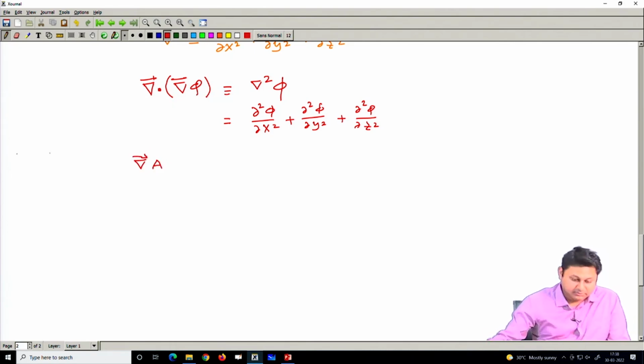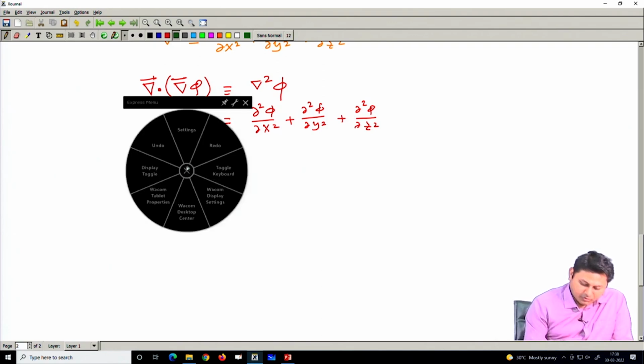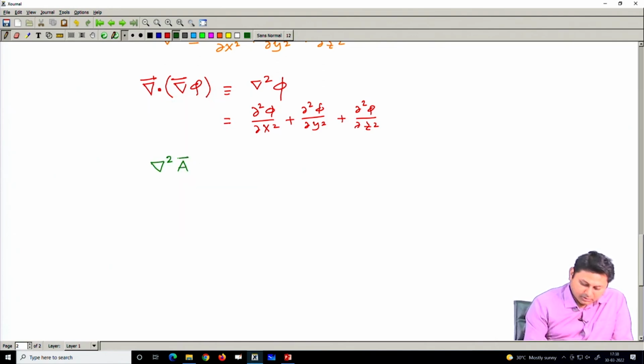So, this operator can operate over a vector field, and we can have the right hand side like this.